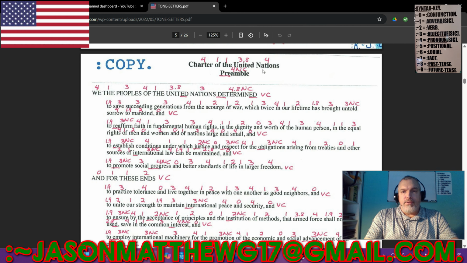Charter of the United Nations Preamble. Now you see he has a nations here as a pronoun, preamble here as a pronoun. The reason why is because he's basically saying that there's a break in the continuance of the evidence between nations and preamble, which I can see that. I can see that. I wouldn't say that that was wrong.